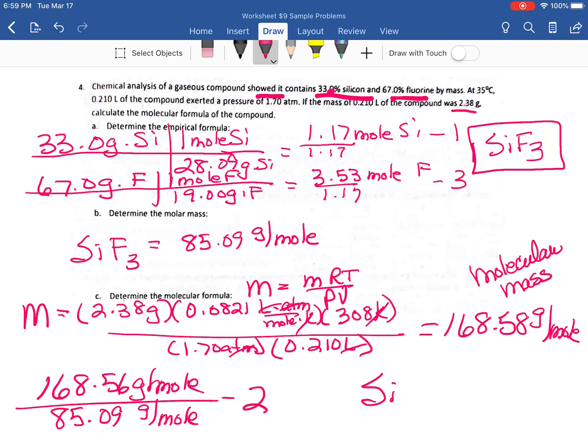And so our molecular formula is actually Si2F6. And you will do problem number 5 similar to this one. So as you do these problems, if you have questions, please do not hesitate to either send a message via Remind or email.